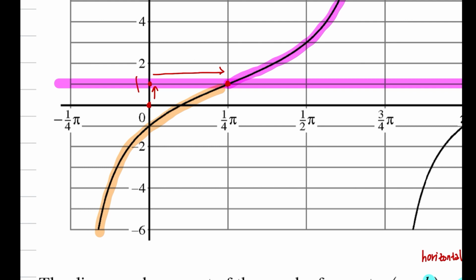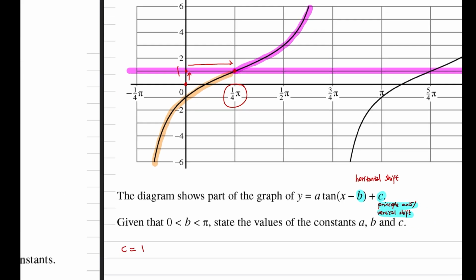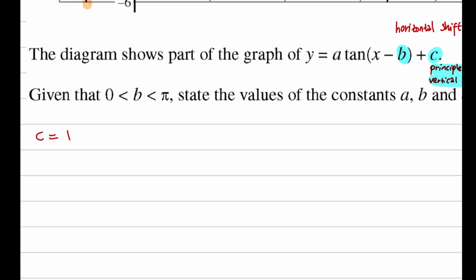It is supposed to be here, but we move it up by 1 unit and we move it right by 1 over 4 pi. So the answer is b equals 1 over 4 pi.